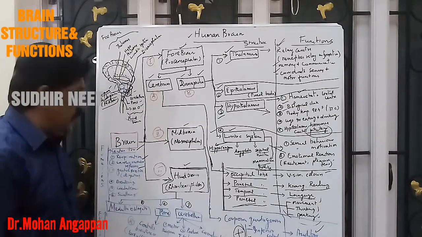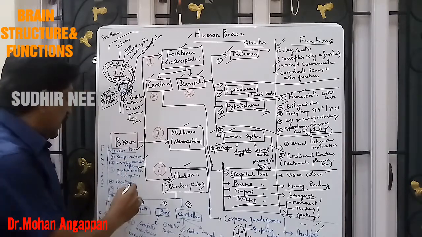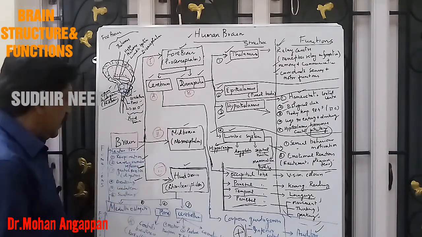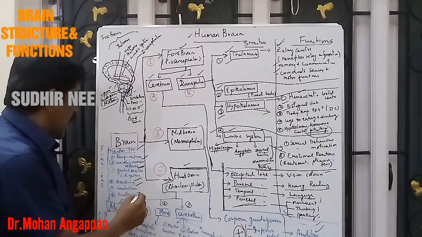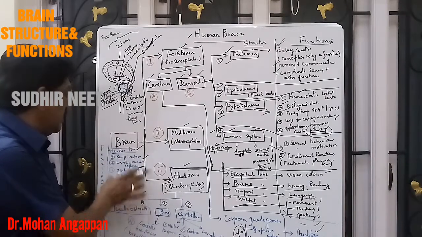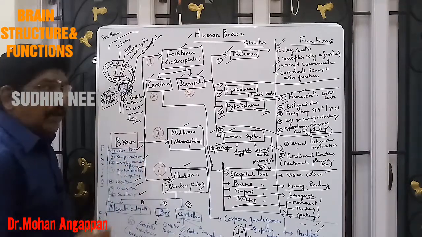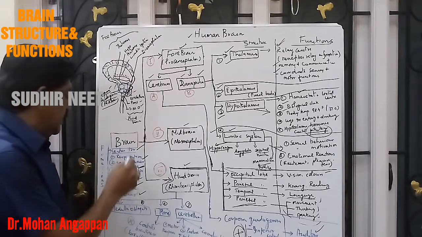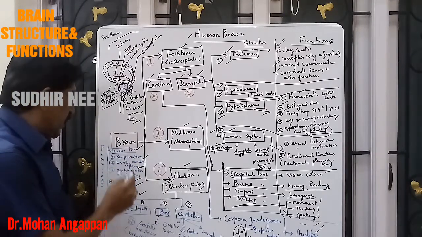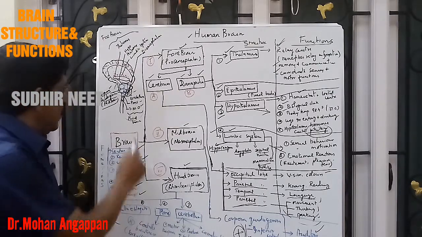It also controls the digestive tract. It controls breathing, circulation, and swallowing of food. This is about the medulla oblongata.